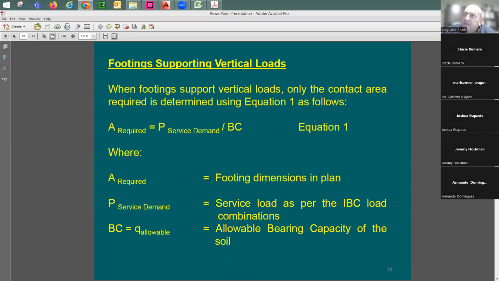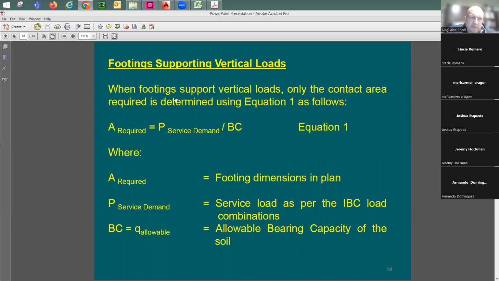So if you would like to size the footing, again, you need to be sure that the soil here is not going to get penetrated by the column.